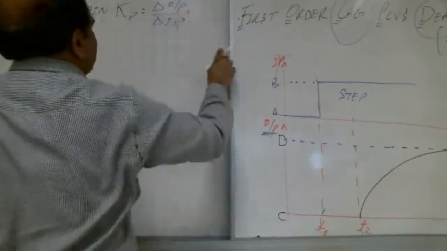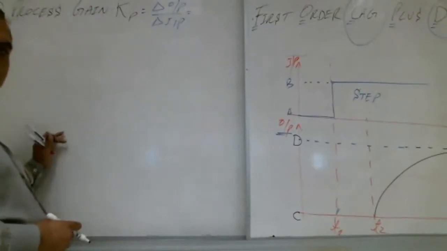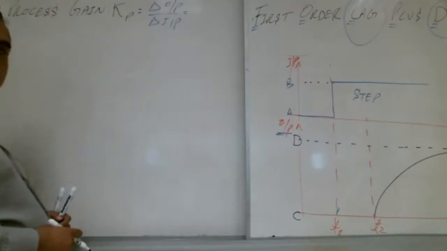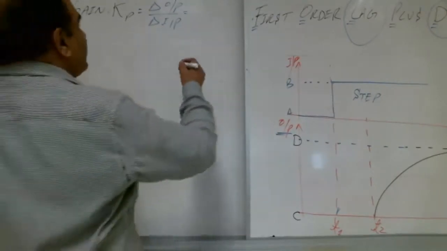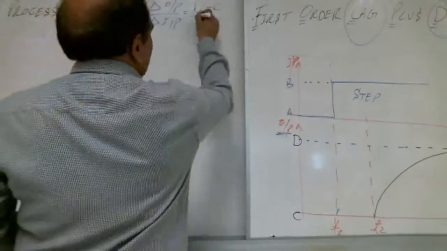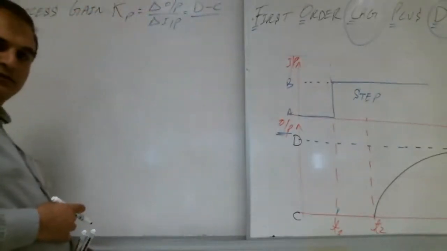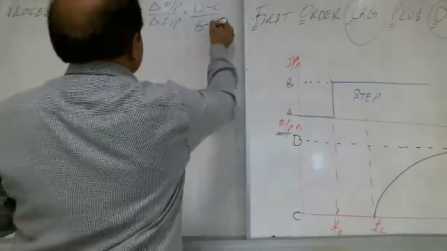So how much change in output? Yes, Shabab, D minus C, over change in input, B minus A. Very good.